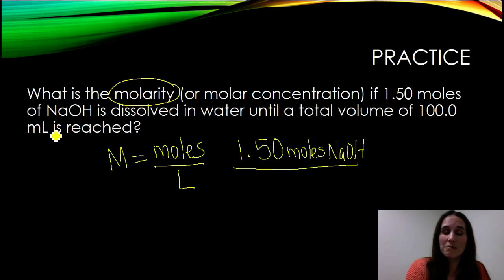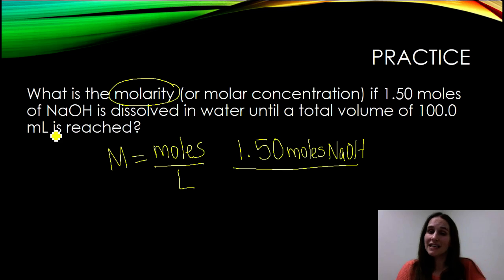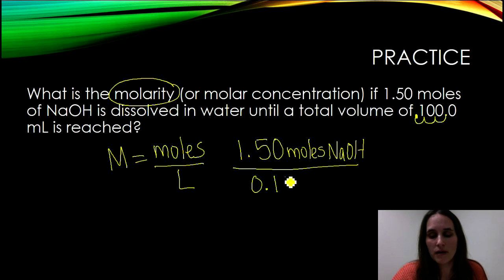Now, molarity is moles per liter, so either within my problem or before, I should probably convert to liters. Otherwise, I'm going to get moles per milliliter, and unless I remember to reflect that in my units, I'm going to probably end up reporting my molarity wrong. So I'm going to go ahead and convert before I do my problem.